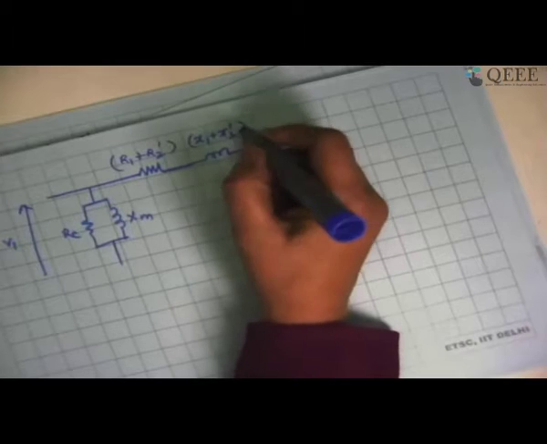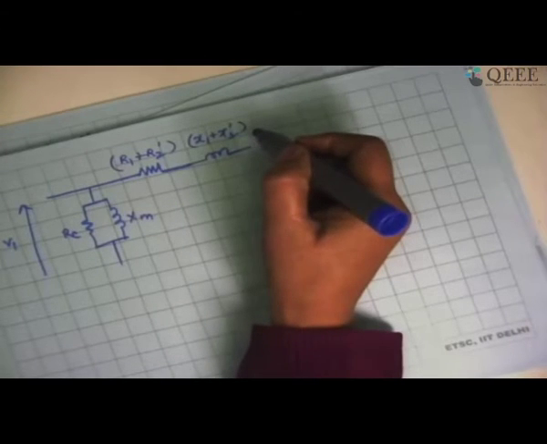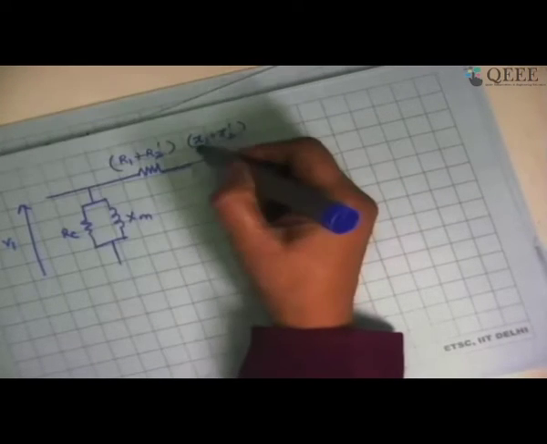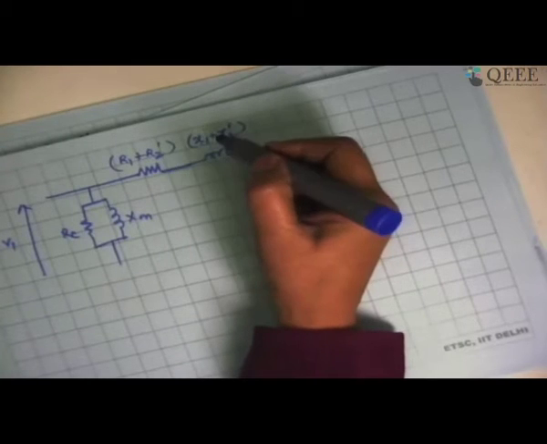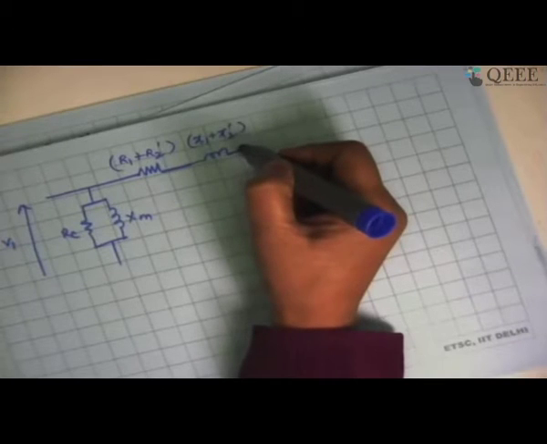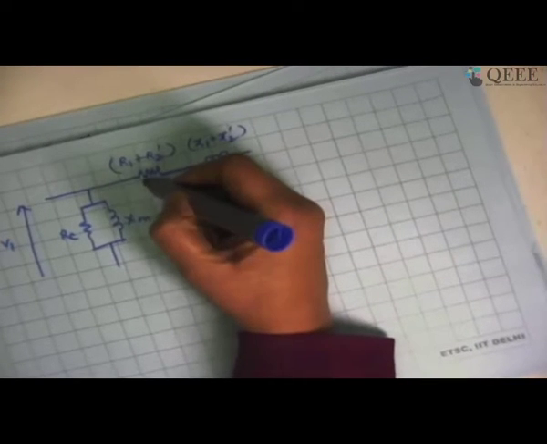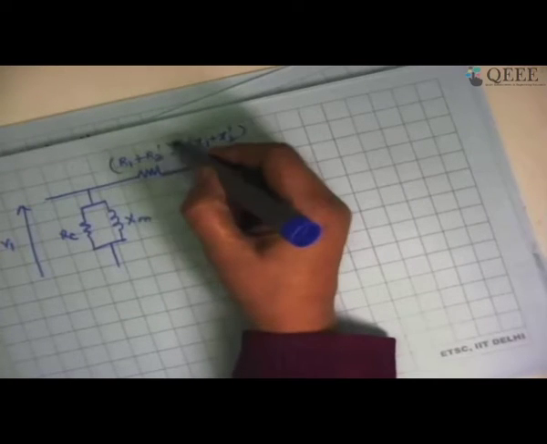X2 dash is the equivalent secondary impedance transformed to the primary side. X1 is the primary leakage inductance itself. Both of them we have combined together to make it a single reactance. Similarly, R1 is the primary winding resistance, R2 dash is the secondary winding resistance referred to the primary. So both of them we have combined to make a single resistance.